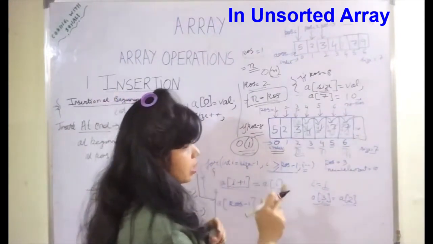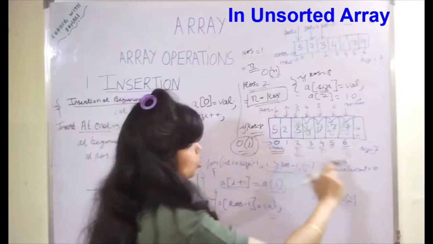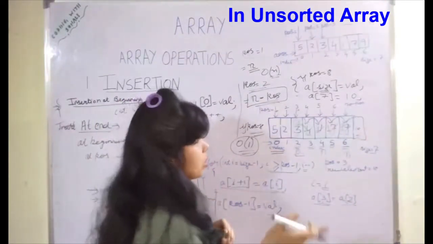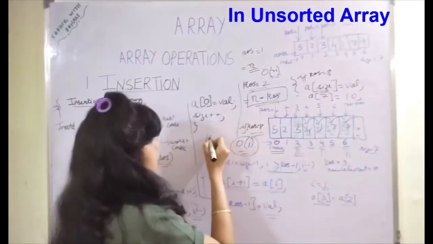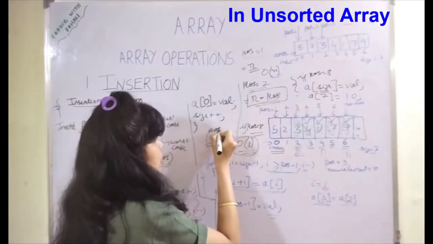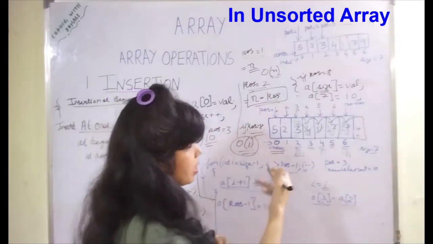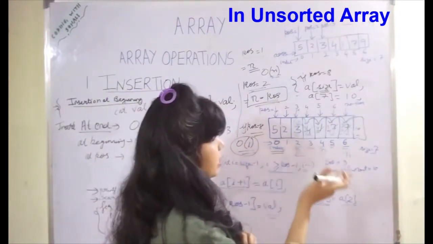In case of the sorted array, I will talk later, but just to talk about if the array is unsorted, in which the ordering is not important, and we have to insert say 10 at position equal to 3. We have seen how to insert at the middle, at different positions, at the beginning, at the end.